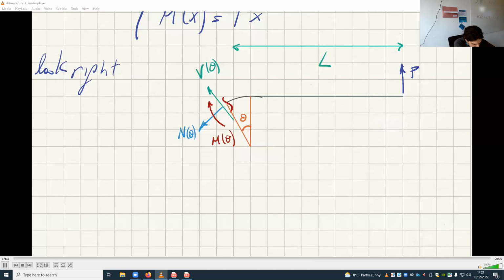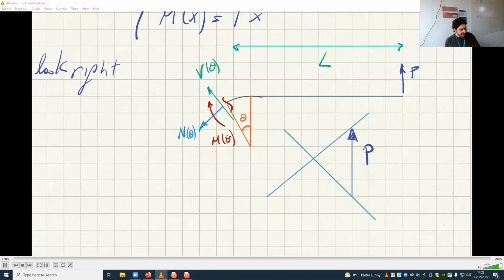So the normal force, so P, I can split it into two components. One along N and one along V. This is along N and this is along V. You agree?